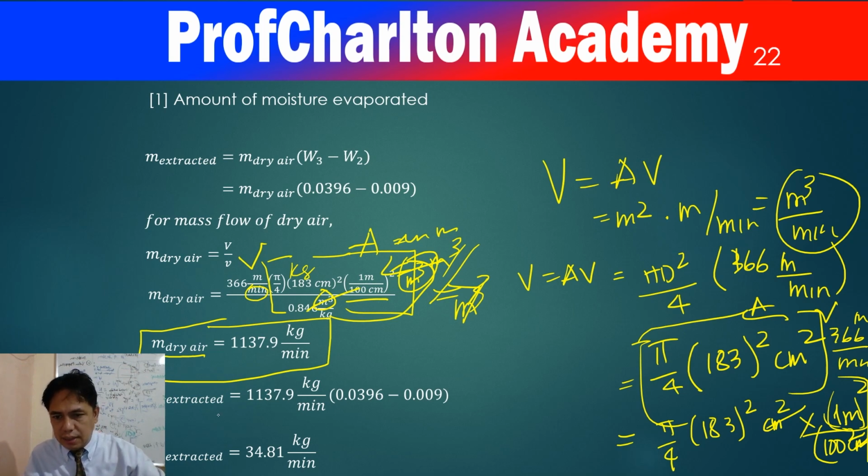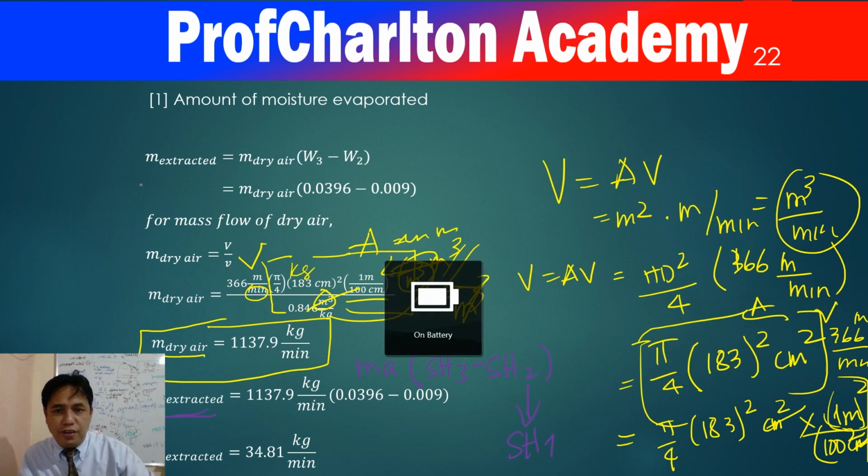So the mass extracted, the amount of water extracted here is MA times specific humidity 3 minus specific humidity 2, which is also equal to SH1, no? So this one, 0.0396, then 0.009. No? So where's that? Here. So specific humidity 3.